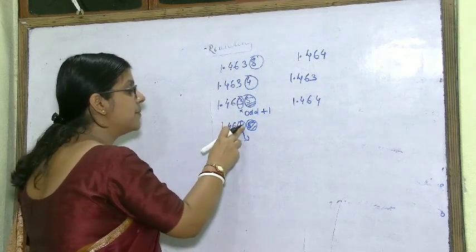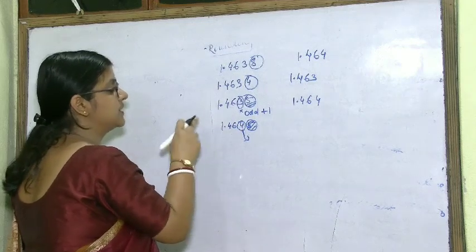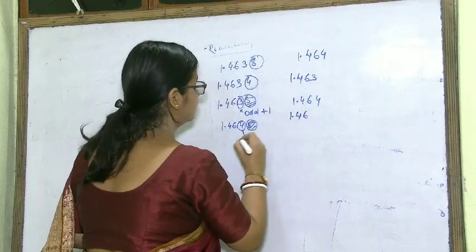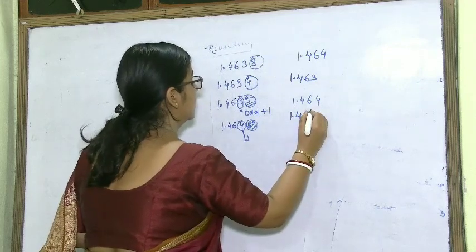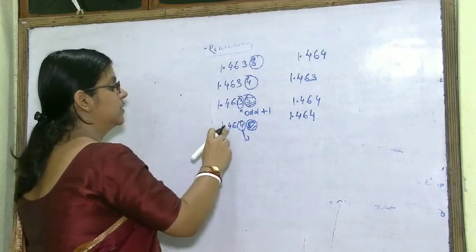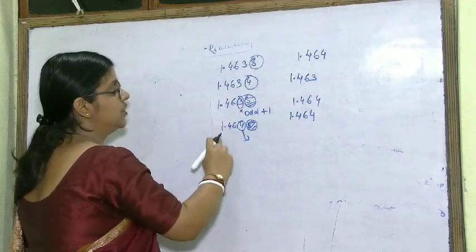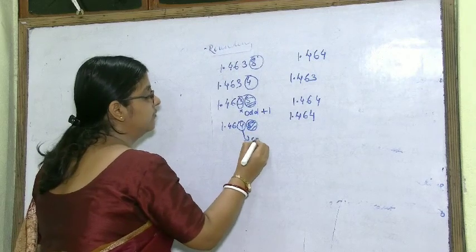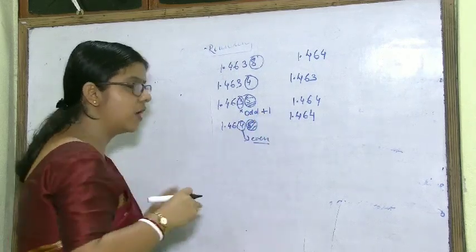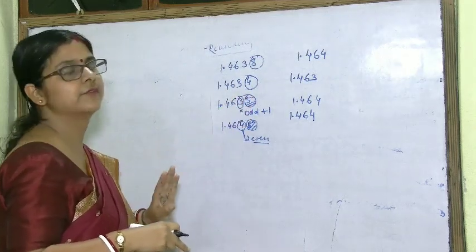So if the digit before 5 is even, what will you write? You will simply copy it. You need not add anything. For even, you need not add anything. For odd, you will add 1 if the digit is 5.